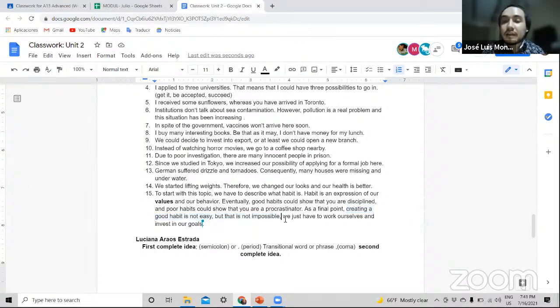And here, as you have that, this comma is going to be incorrect because you have another complete idea. So instead of a comma, it's better if you use either a semicolon or a period here. And like that is going to be perfect because this is going to be your last complete idea. That's it. I don't know if you have any questions related to that. Let me know, please.